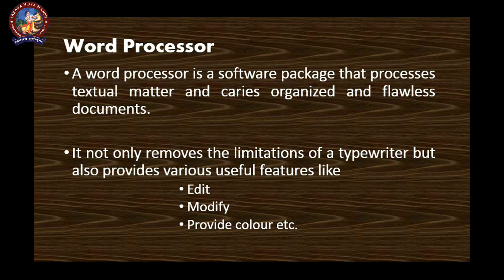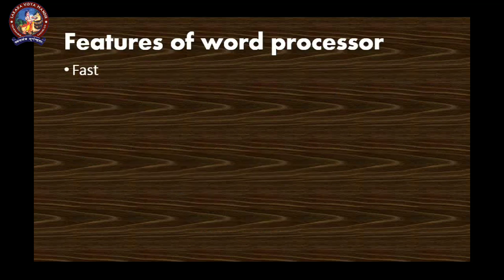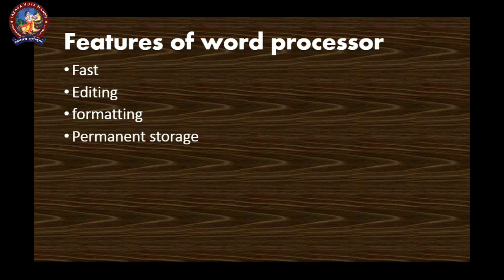Okay, so let's see what the basic features of a word processor are. It is faster than the typewriter. Editing feature is available there. Formatting feature also, that means changing shape, color, and other features.